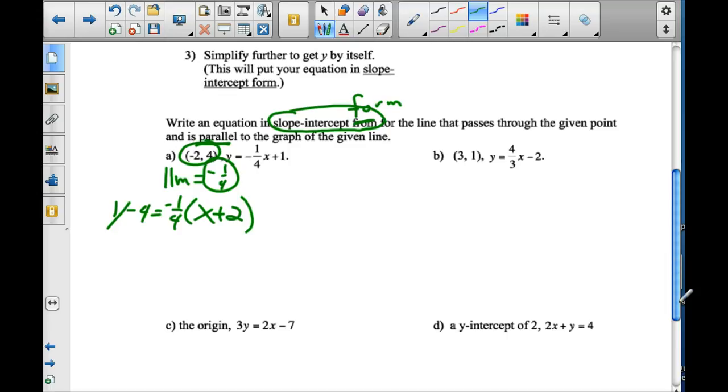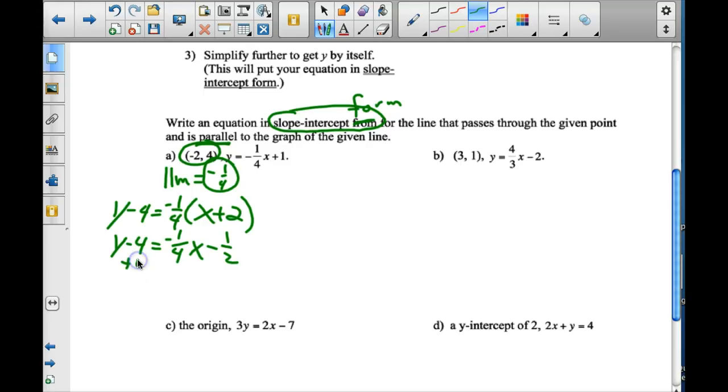All right, everybody distribute your -1/4 and then add 4 to both sides. Go. y minus 4 equals -1/4 x plus 2. Yes. All right, distribute a -1/4. You should get -1/4 x minus a half.